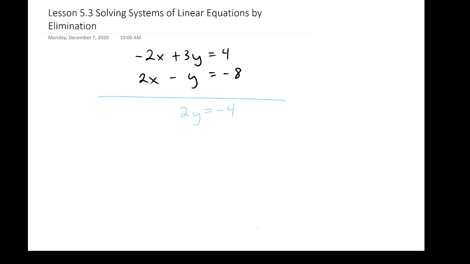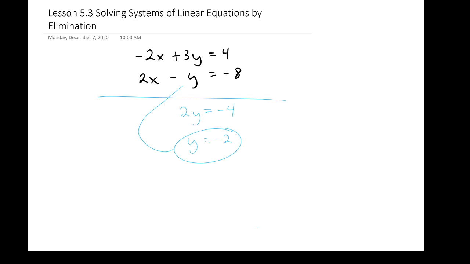Now look at what we have here. It's a quick one-step solution where we get that y is equal to negative 2. And that's the first of our solutions. All we have to do from there is reinsert this into either the top or the bottom equation. Just for the sake of less calculation, I'm going to insert it into the equation with y.